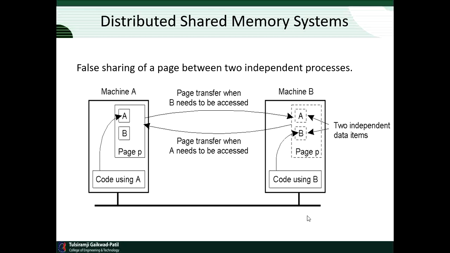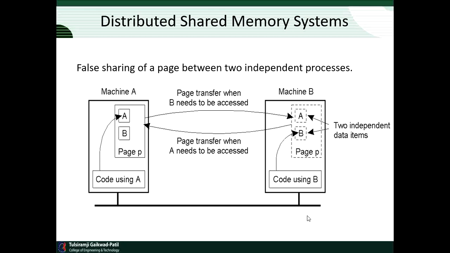So here we can see false sharing of a page between 2 independent processes. Here machine A and machine B want to share the page. So false sharing that we are going to see, both machines are connected to the network.